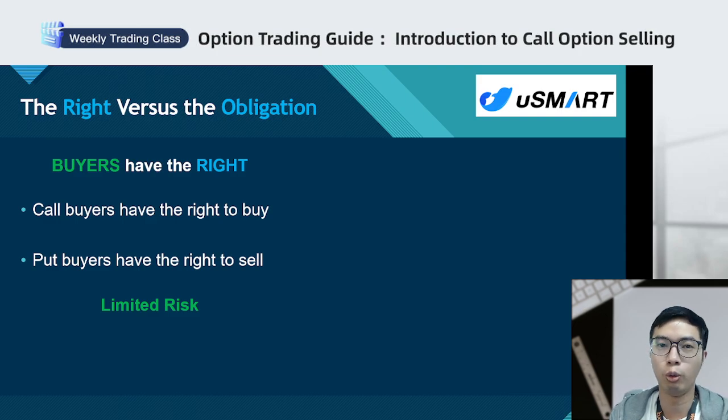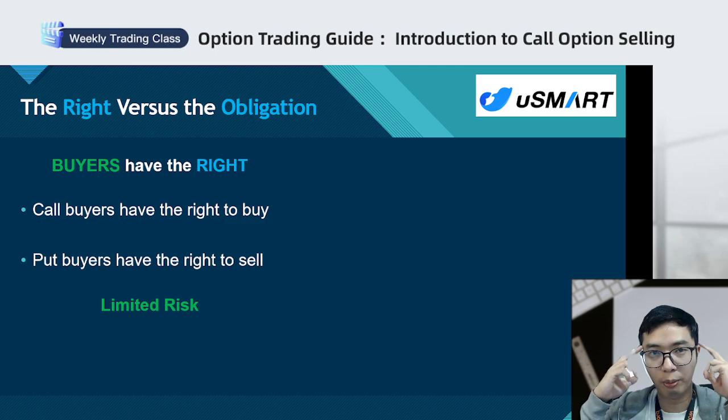For those who are new here, this may be confusing, but you can go back and see the replay, or maybe in the near future I will do this basic options trading guide again. I just explained the basics, but for the buyers, the risk is always limited. Just stick this in your mind.